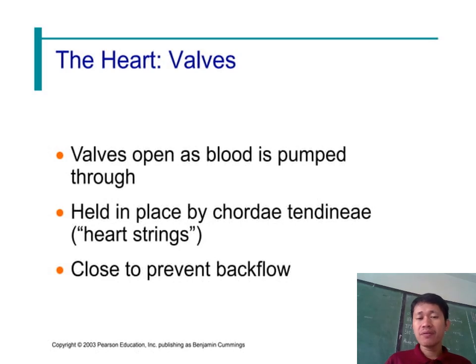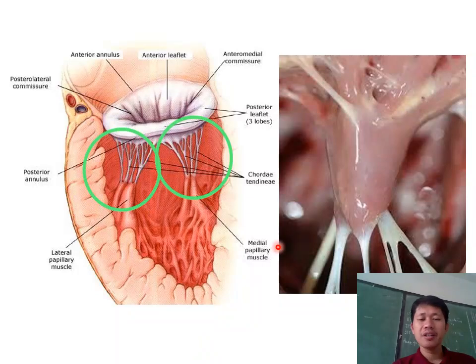The valves open as blood is pumped through, held in place by the chordae tendineae, the heart strings. It closes to prevent the backflow, just like I explained earlier. And here's an illustration of one of the valves inside the heart.